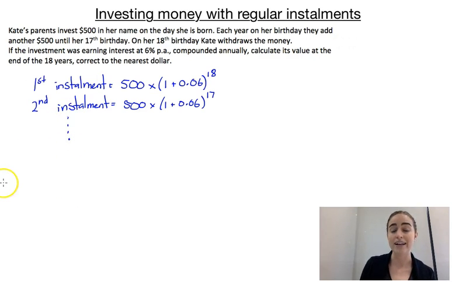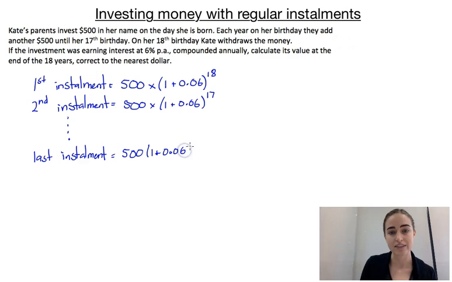Let's have a look at the last installment. This installment's happening on her 17th birthday. So that would be our 500, not 5,000, times 1 plus 0.06 to the power of just 1.